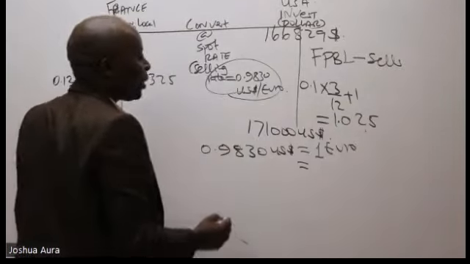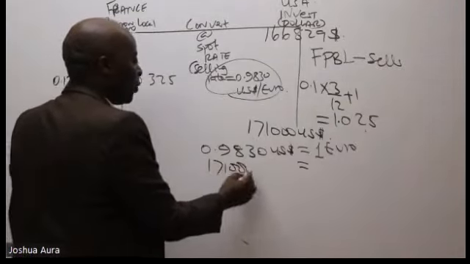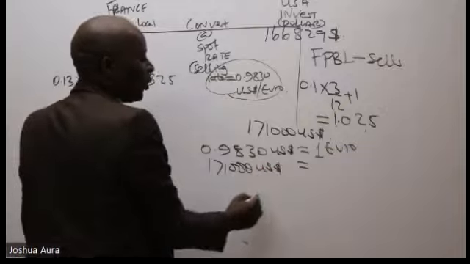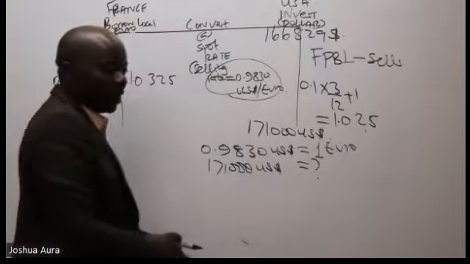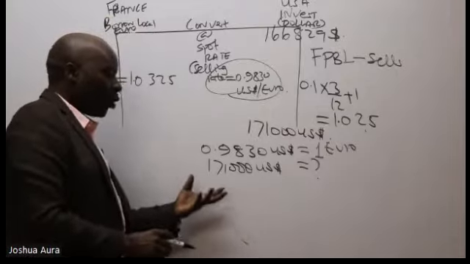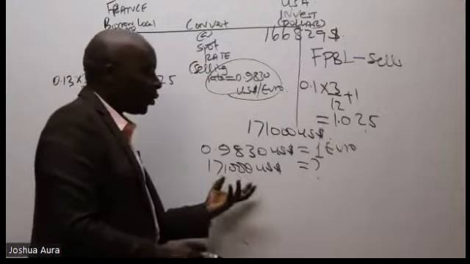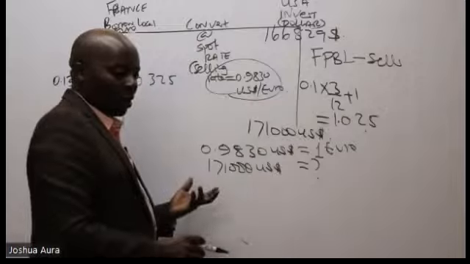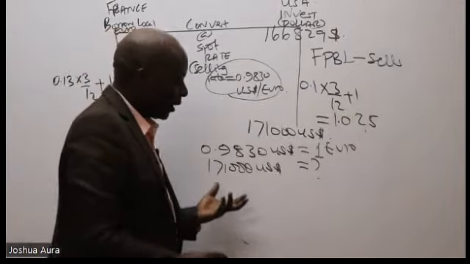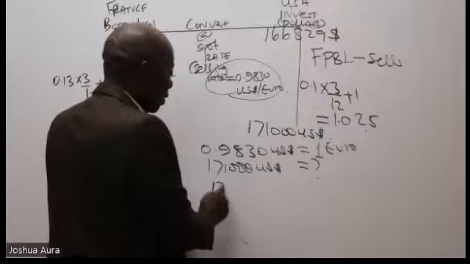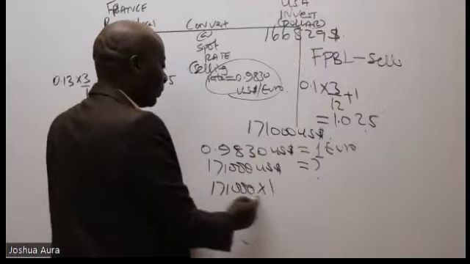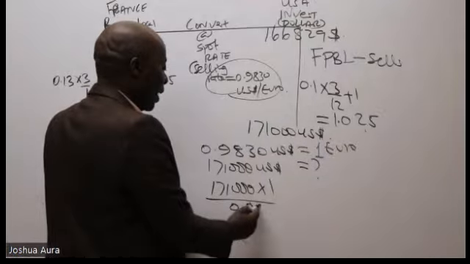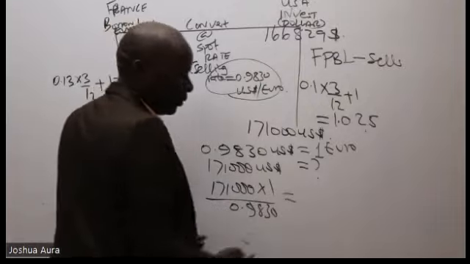So how many euros do we have for this 166,829 US dollars? We are cross multiplying: 171,000 times 1 divided by 0.9830. Which figure do we end up with?